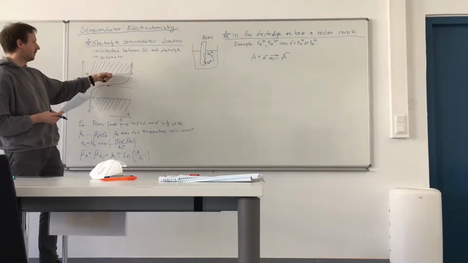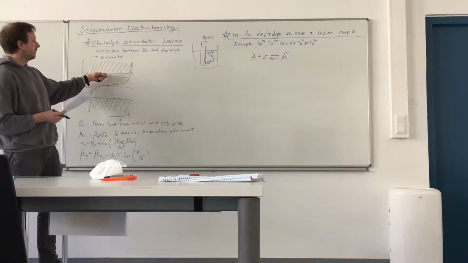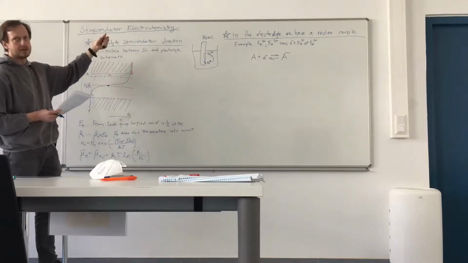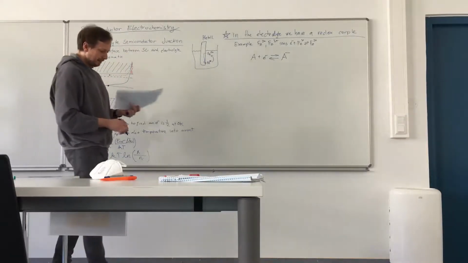Because let's say I'm here, and this is some parameter that describes how much energy is needed to excite an electron from this state into vacuum, which is equivalent to removing it from the material.